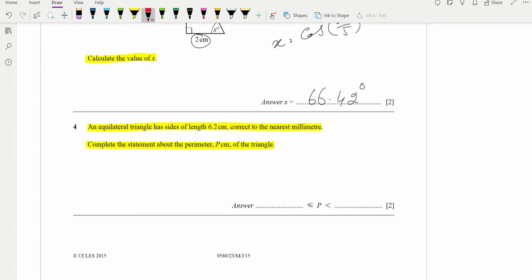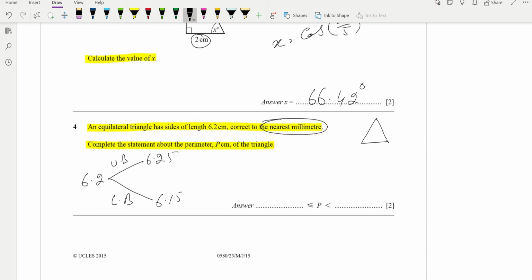So the triangle will have all sides equal, and this is a rounded calculation, so lower bound and upper bound are required. For 6.2, the upper bound will be 6.25 and the lower bound will be 6.15, and we know that the triangle has three sides.